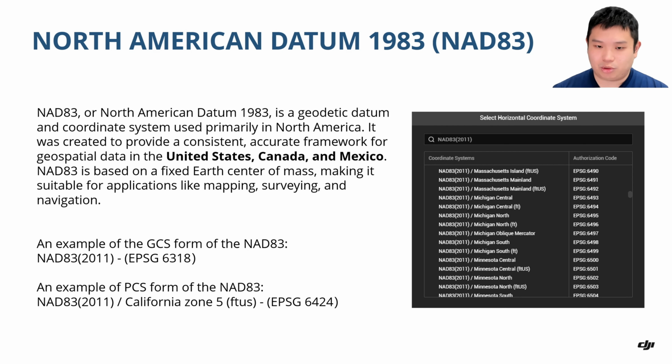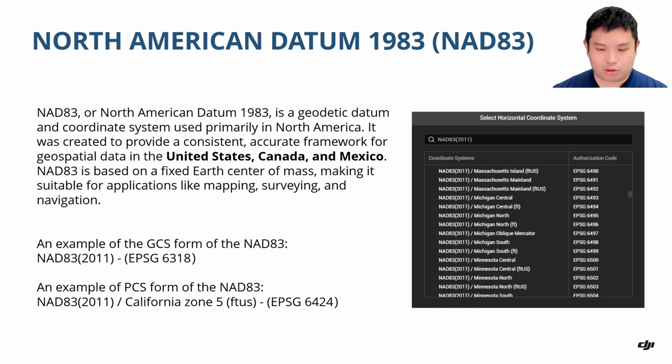When you import your data into software for processing, you need to define the coordinate system of your data. For example, DJI Terra is a photogrammetry software you can use to process all the images and output a model or 2D map.